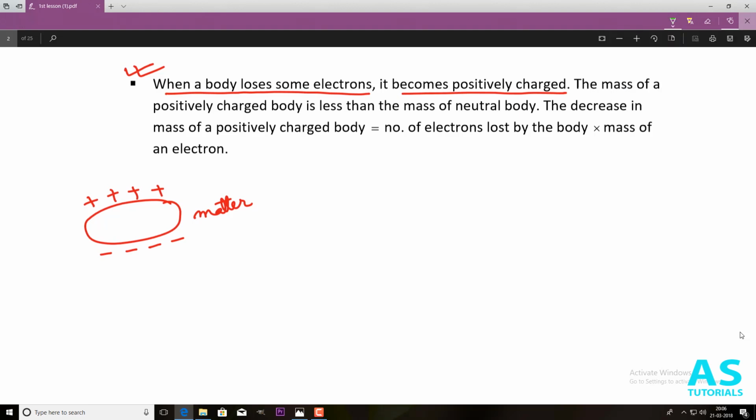That's why this is electrically neutral. Now let us assume we also have another similar material body, and as I said before, this also should be electrically neutral.